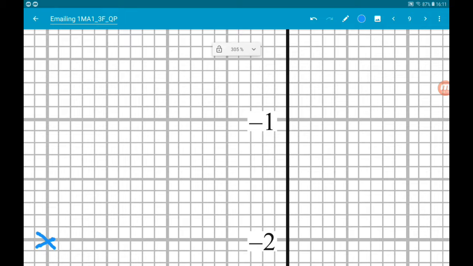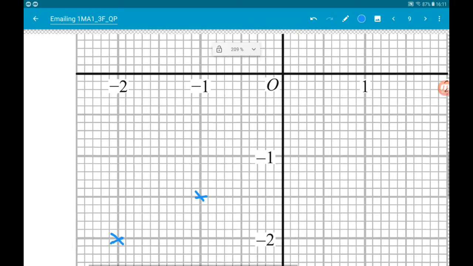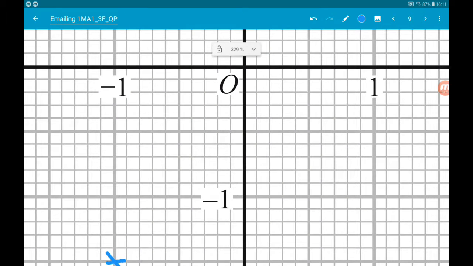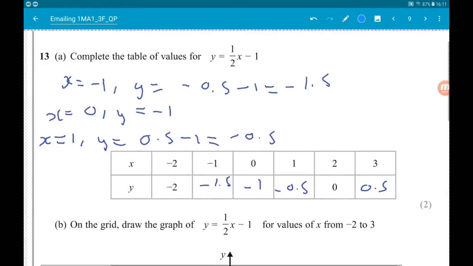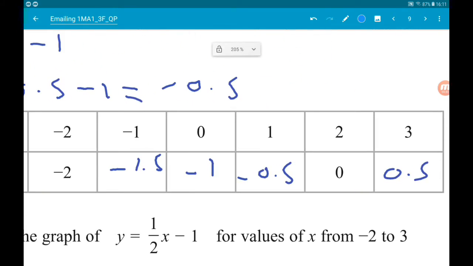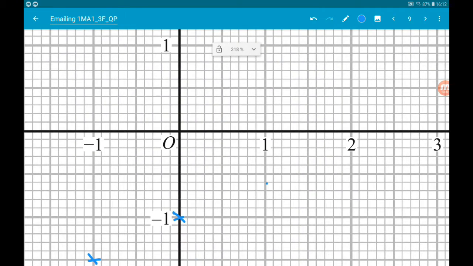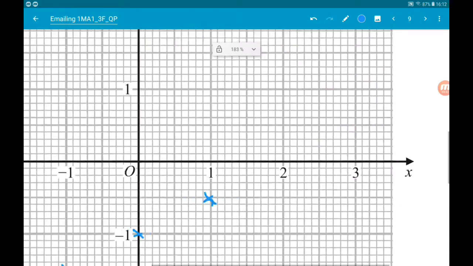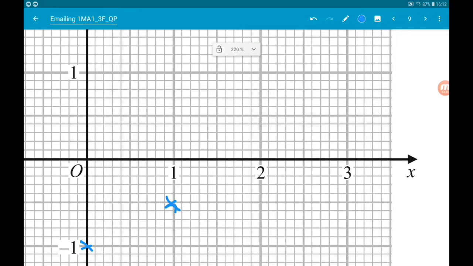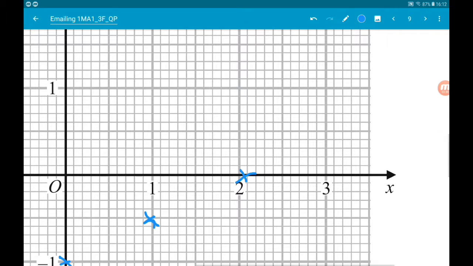So that's there. The next one is 0, -1. Next is 1, minus 0.5. Next was 2, 0. And then the last one was 3, 0.5.